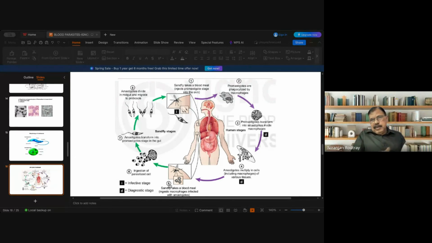If the blood and food are moving, they become anchored to the midgut epithelium to avoid their removal from the sandfly body.